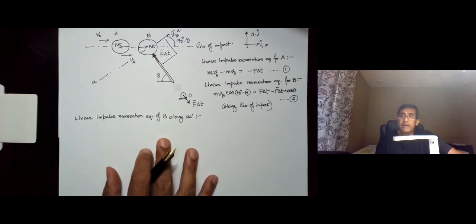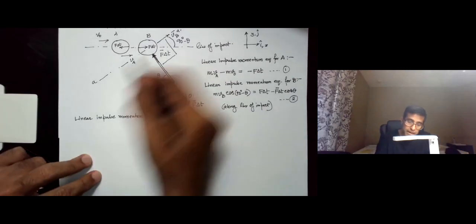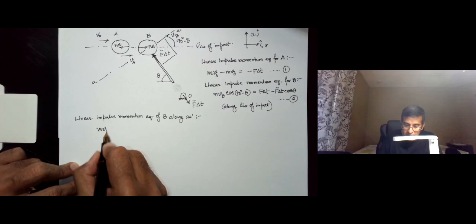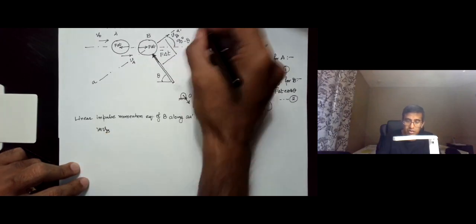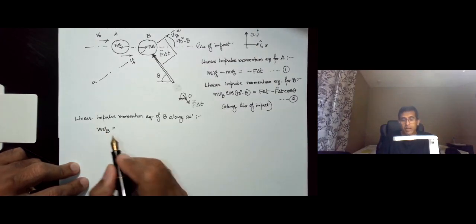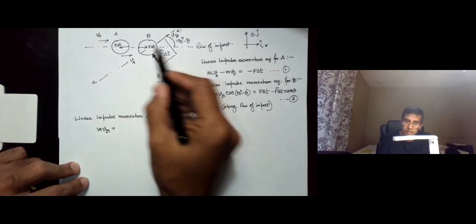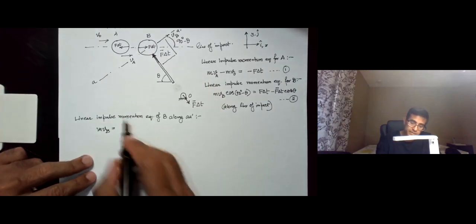The initial momentum is 0, the final momentum is mvb, right? That is along AA prime, and that must be caused by the effect of these two impulses.